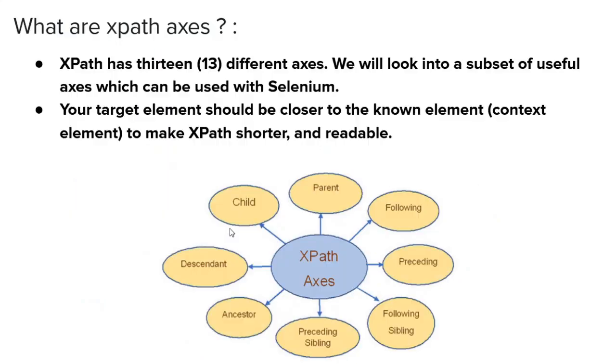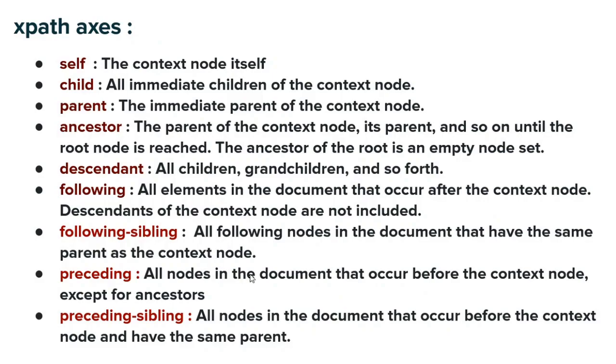All the nodes in the document that occur before the context node except ancestors are preceding. So following is all elements in the document that occur after the context node, excluding the descendants.